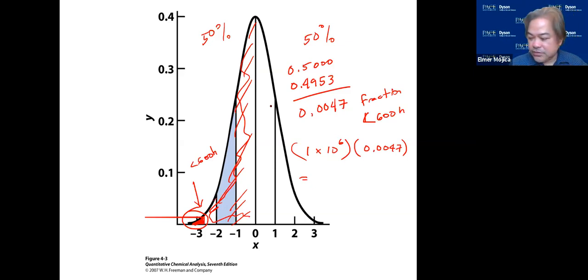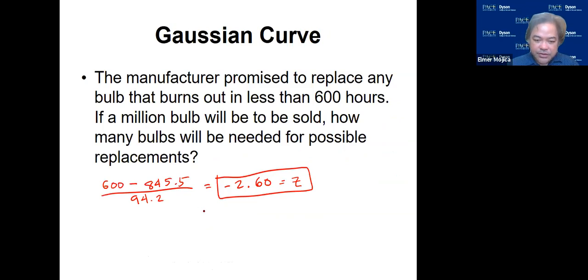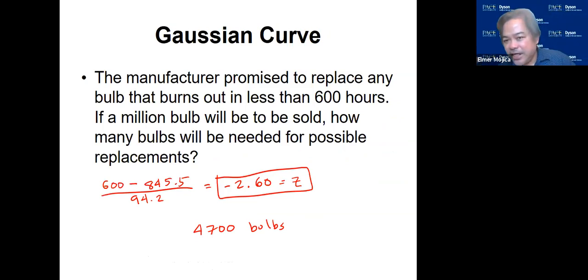And you will get 4,700. So that 4,700, that's the bulbs that you need to produce, because that's the number of population that will have less than 600 hours.